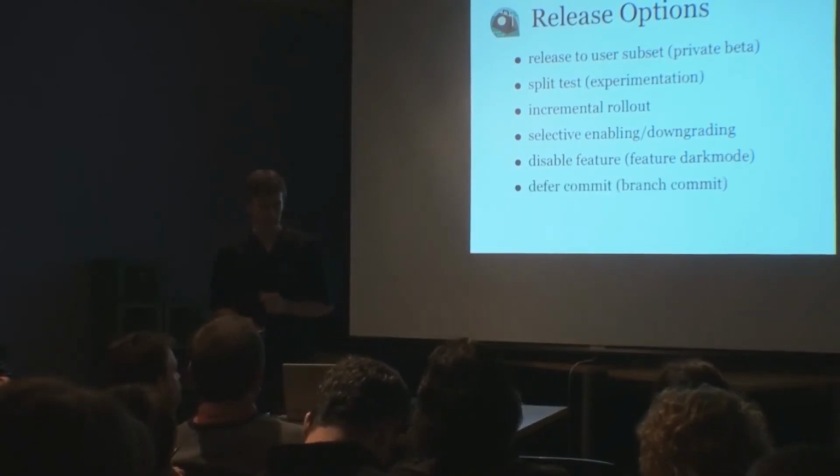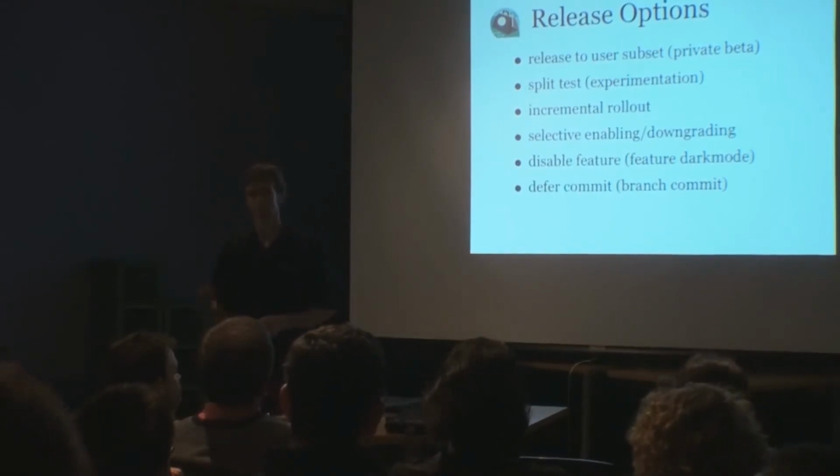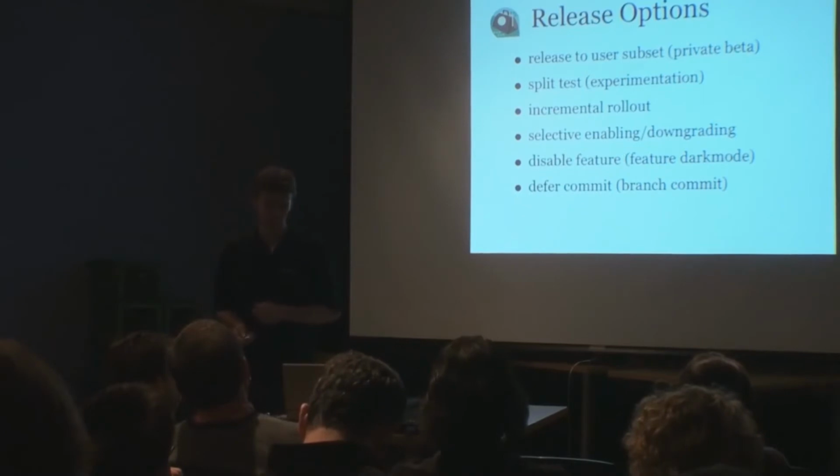There's also the option of deferring a commit, or committing on a branch. If, come Tuesday or Wednesday, you're working on something that you realize will have more serious implications for the software, and you don't feel comfortable putting it into this release, you can commit that change on a branch and merge it in after the release.